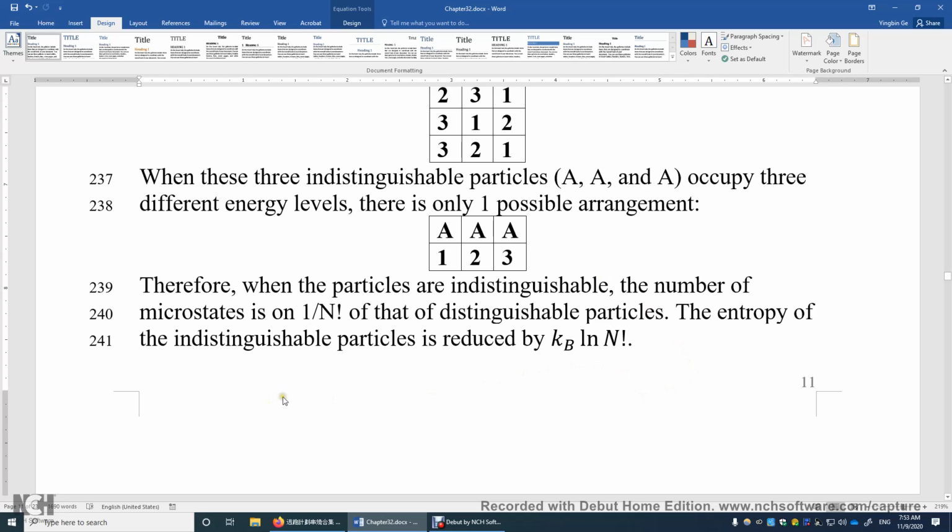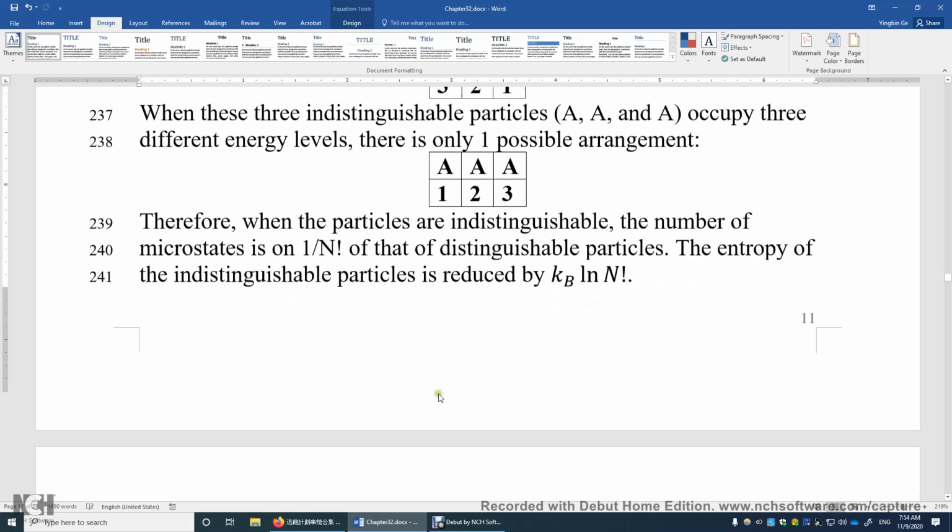That's a different scenario, though. Okay, so now we have to remove a lot of identical microstates. Basically, we just need to divide the total number of microstates by n factorial, and that results in this. The entropy of the indistinguishable particles should be reduced by k sub B times the logarithm of n factorial. Again, this is because the number of microstates of indistinguishable particles is equal to the number of microstates of distinguishable particles divided by n factorial.